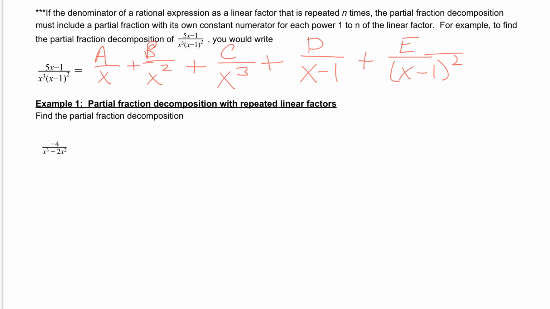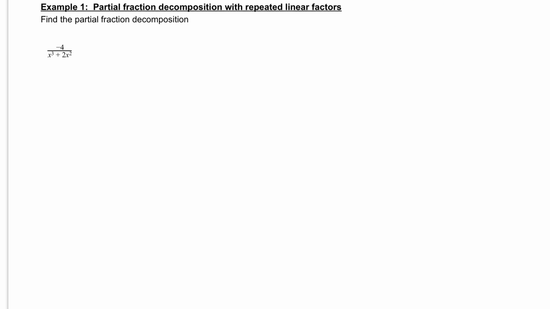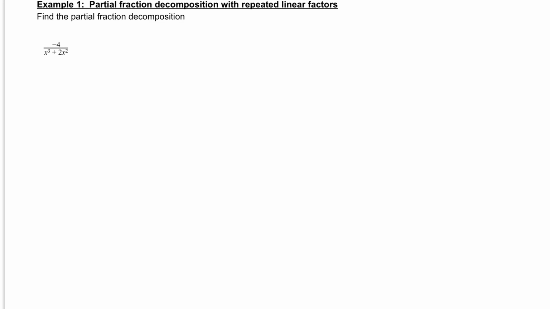We want to find the partial fraction decomposition of negative 4 over x to the third plus 2x squared. So let's factor this out. This factors into negative 4 over, in the denominator we can factor out an x squared, times x plus 2.